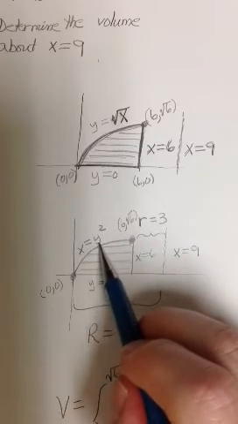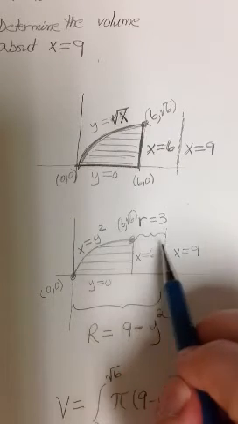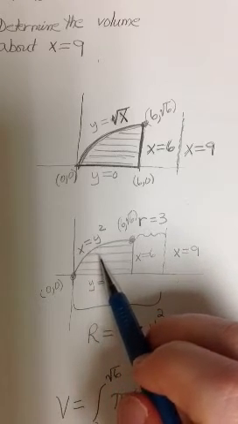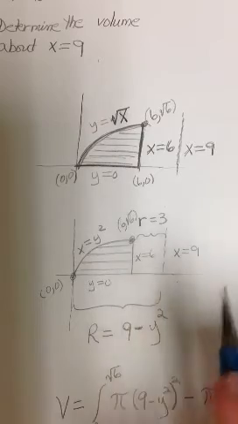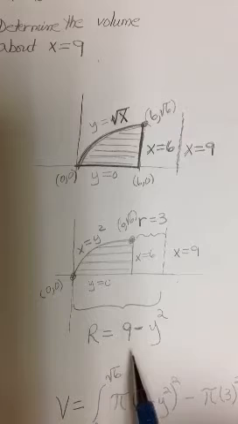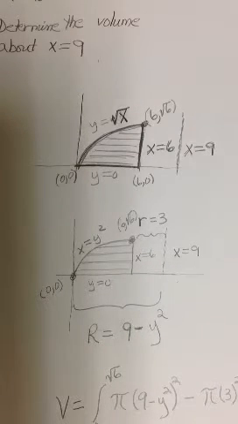Let's say that if y is equal to 2, your x value would be at 4, and the outer radius in this case would be 9 minus 4, which is 5. So the outer radius is not a constant, and in fact it's going to be changing as 9 minus y squared, and that is just for the outer radius. And again, the inside radius is going to be at 3.